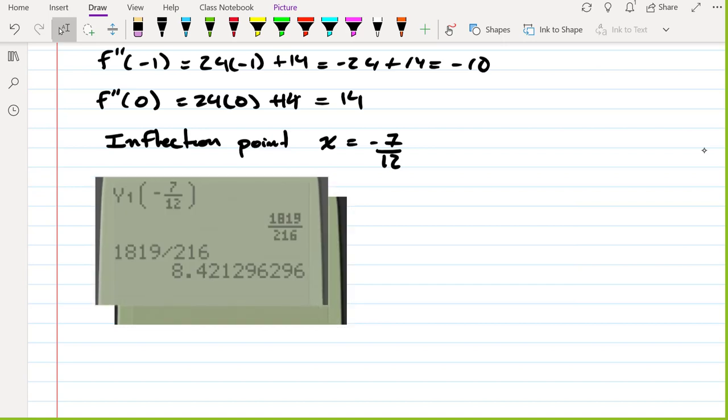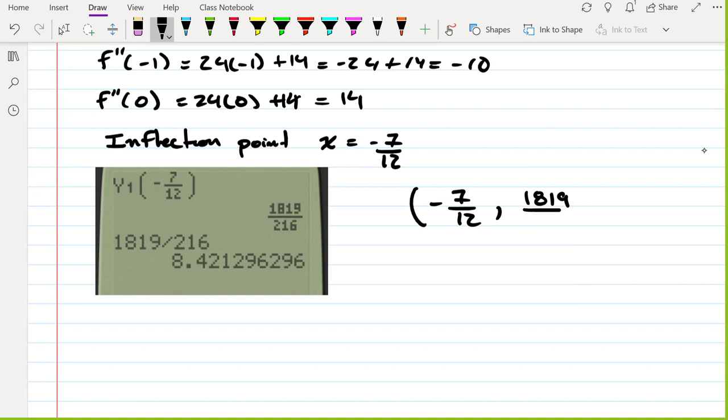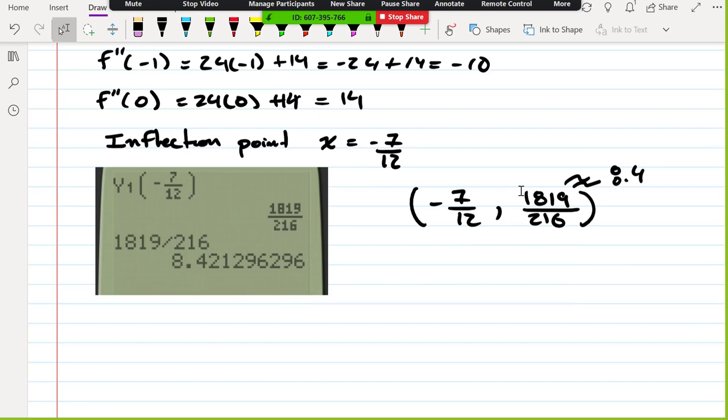So that gives us our inflection point at negative 7/12, comma 1819 over 216, and we have that is about 8.4-ish. All right, and then lastly, we need our concavity.